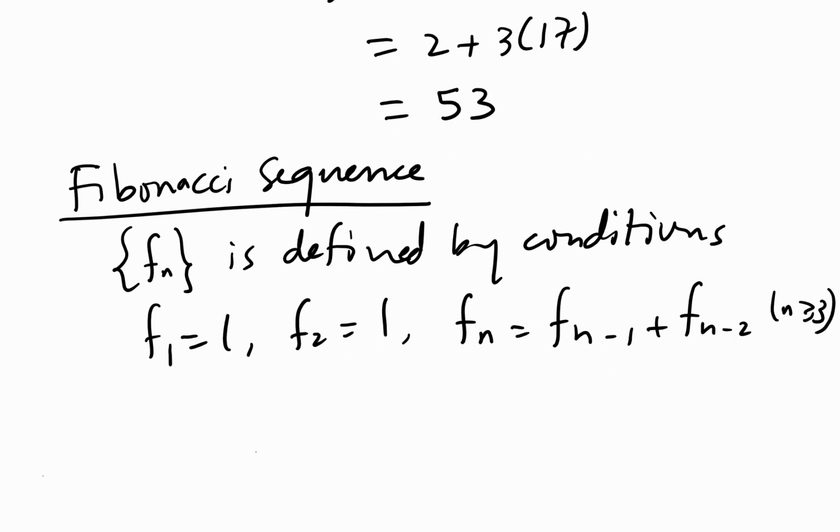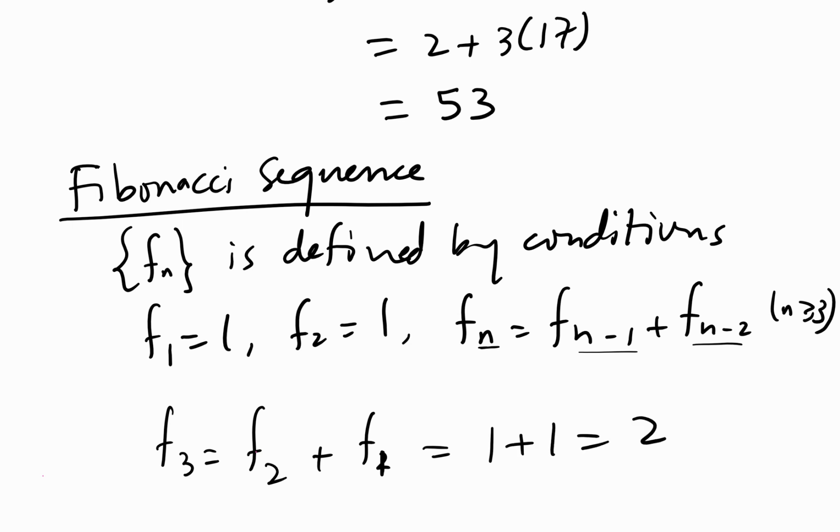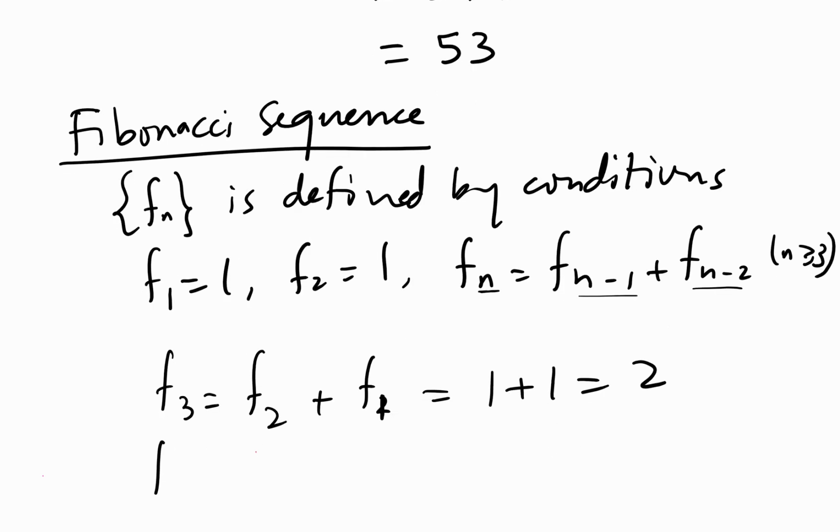So if I want to find f_3, for example, I substitute n = 3: f_3 is f_2 plus f_1. 2 is given, 1 plus 1 is 2. Then if I want to find f_4, substitute n = 4. You get f_3 plus f_2.